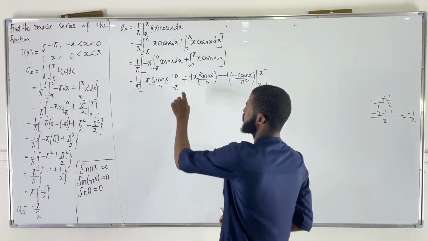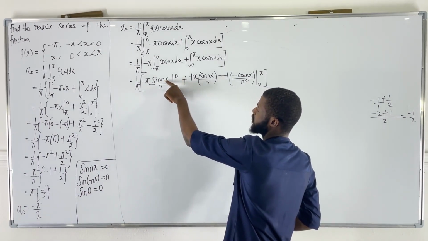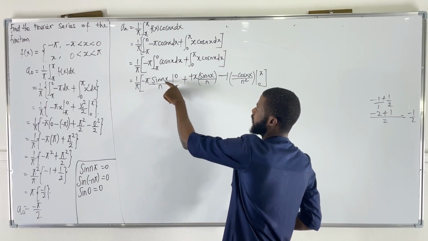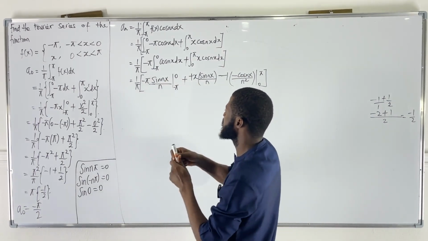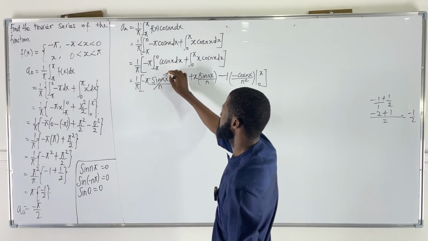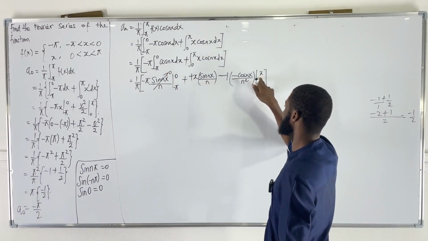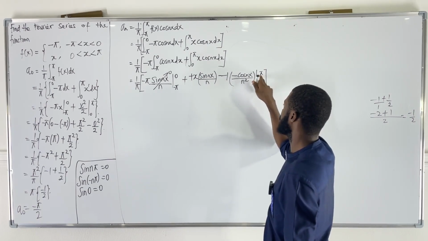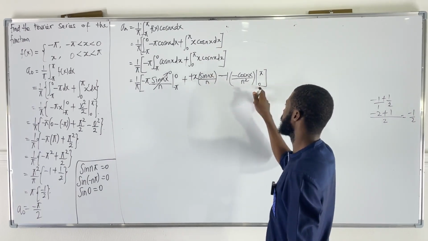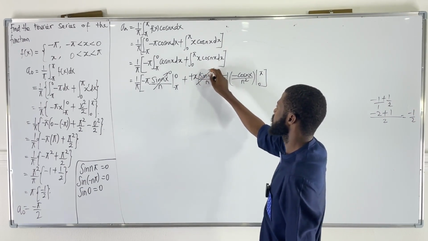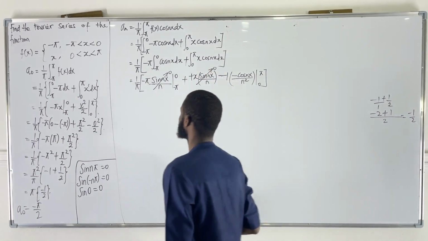If you put your 0 here, where you see x, you will get 0. Put your minus pi, you will get 0. So basically, this guy is gone. It's 0. Now, the same thing is here also, and this is the interval for it. This is the limit. When you put pi here, you will get 0. When you put 0, you still get 0. So this is gone. So this is the only one left.